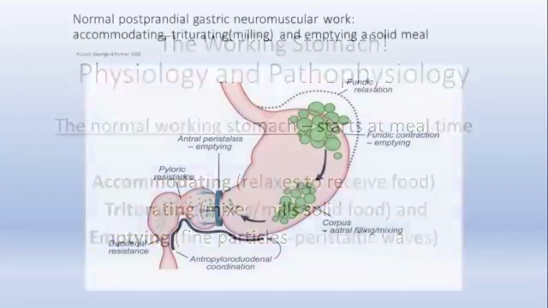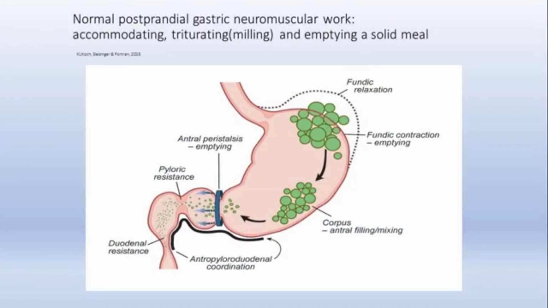And the next slide shows this in a pictorial form. You can see where the top of the stomach is called the fundus, and as solid food comes in, the fundus relaxes to receive. You can see the fundus empties into the corpus, and there is the mixing chamber, the corpus, and the antrum. This is where the food is triturated or milled.